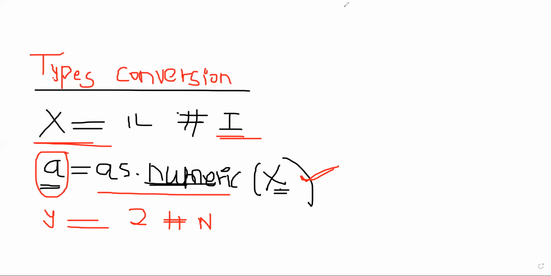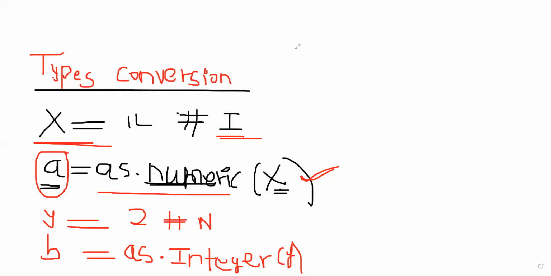So what I'll do, I'll assign one variable b is equal to as.integer, and the variable I want as an integer, which will be stored in b, is y.